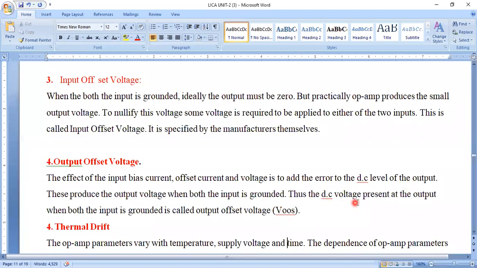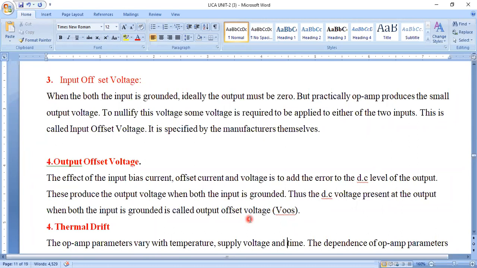This DC voltage present at the output when both inputs are grounded is nothing but the output offset voltage. That means when V input 1 and V input 2 are 0, because of the biasing currents, an output voltage of DC magnitude with a particular error is created, which is called the output offset voltage.